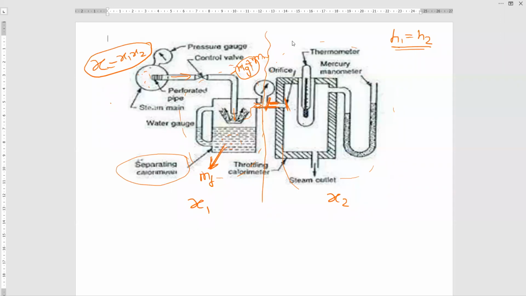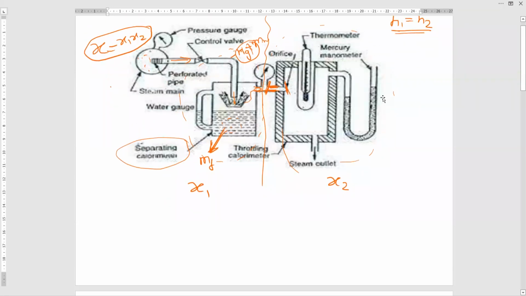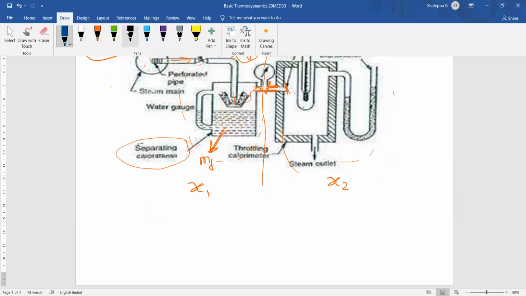Now we'll write one formula. To write this formula, dear students, please look at the screen. It is important. I said in the previous class also that the separating calorimeter is maintained at one pressure, P1. Let me take a different color chalk so that you understand better.